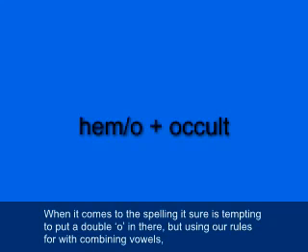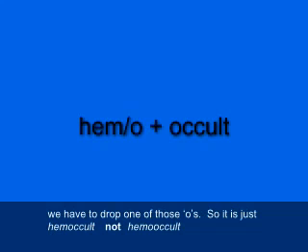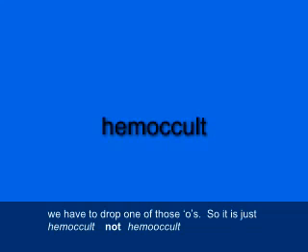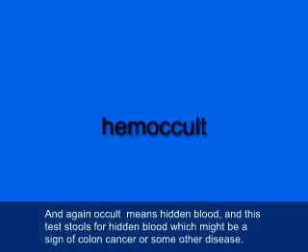When it comes to the spelling, it sure is tempting to put a double O in there, but using our rules for combining vowels, we have to drop one of those O's. So it's just hemoccult with a single O. And again, occult means hidden blood. And this test tests stools for hidden blood, which might be a sign of colon cancer or some other disease.